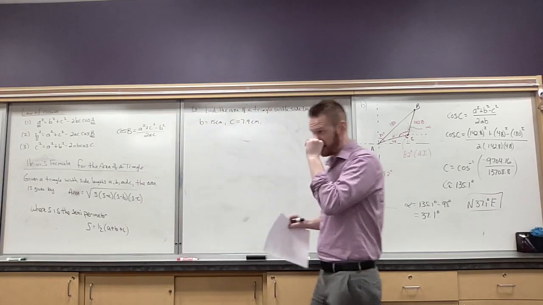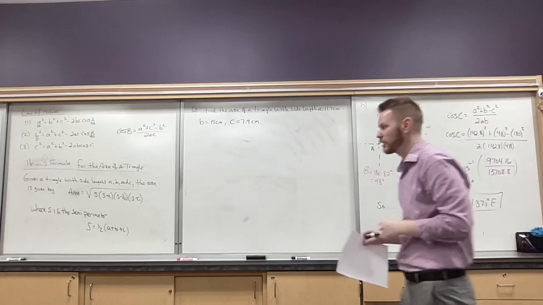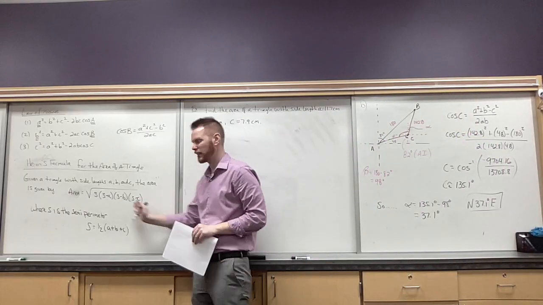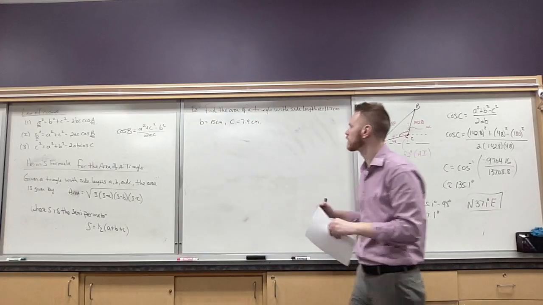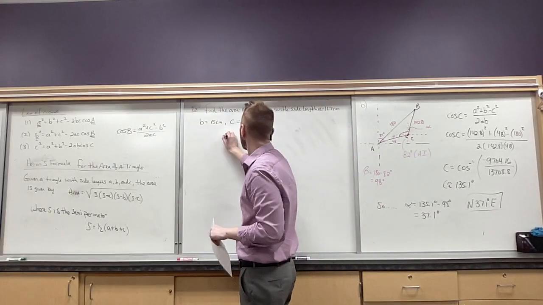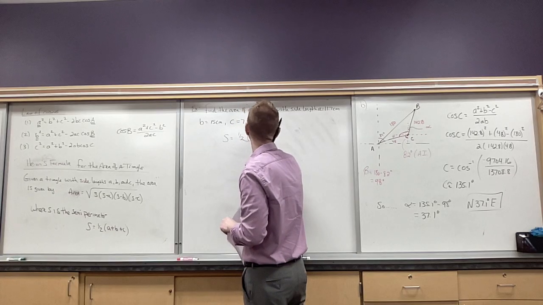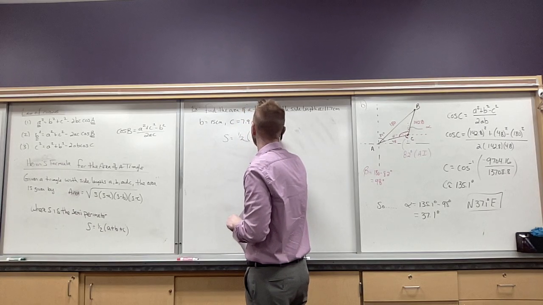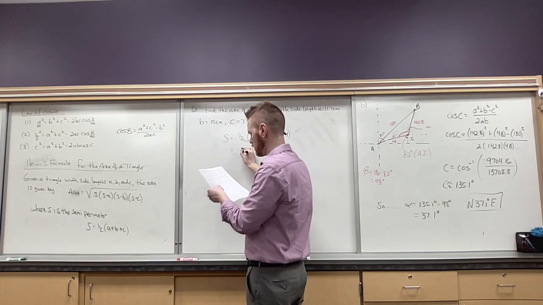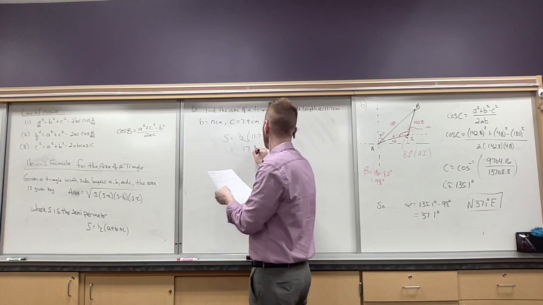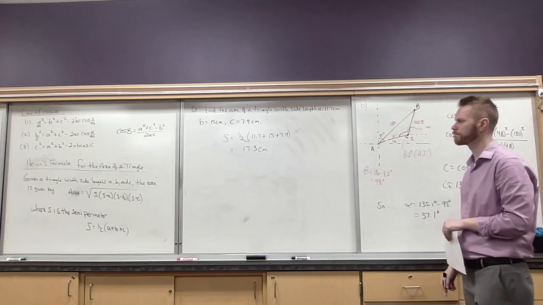Now, I don't need to draw a triangle in this case, because if you look at the formula, I just need the side lengths, so a picture's not really going to help us. I need the semi-perimeter first, so we take half of 11.7 plus 15 plus 7.9, and we get 17.3 centimeters.